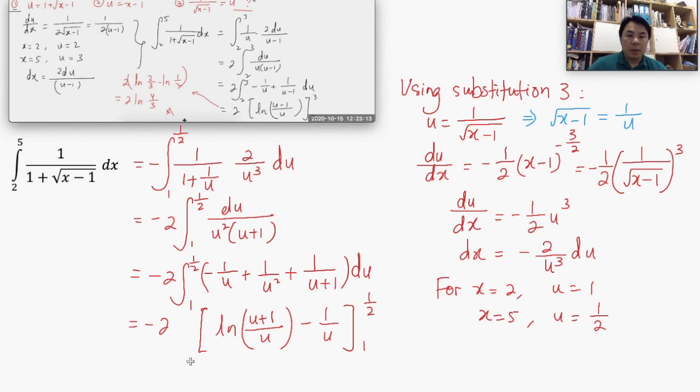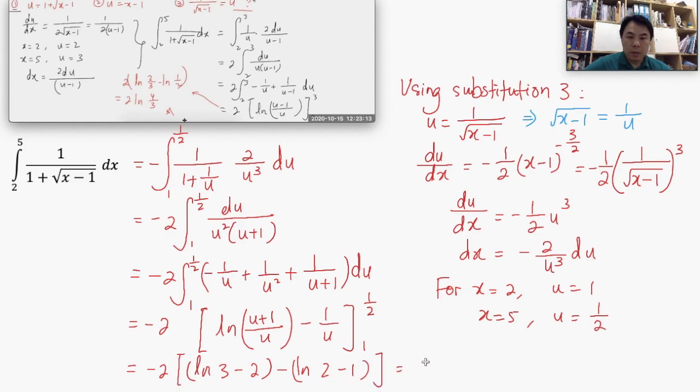By substituting all these values in, this one will be ln 3, and then minus 2, bracket that, and then minus of ln, that is 2, and then minus 1.